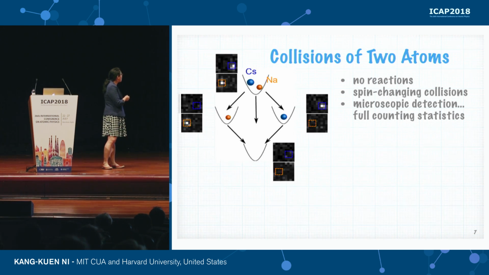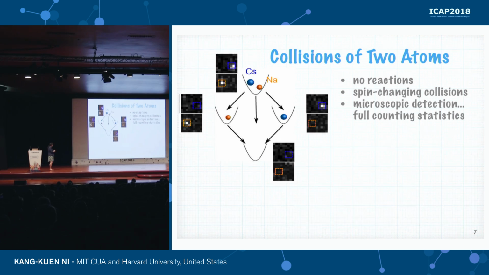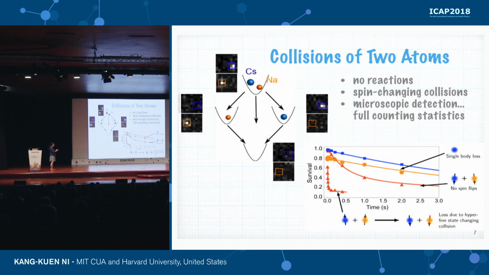Not only do we know what we have loaded, for example, we post-select on a situation where we have 2 atoms. After some time, collision happens, either through collision with background gas, and you end up with 1 atom, or through these spin-changing collisions, or molecule formation due to zapping with the light. Then you could end up with no atoms. So we can do this kind of study.